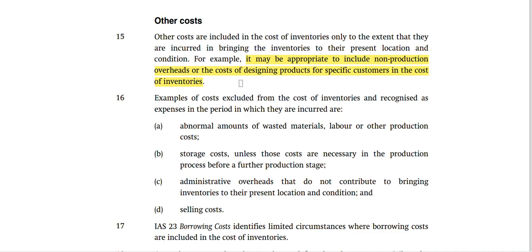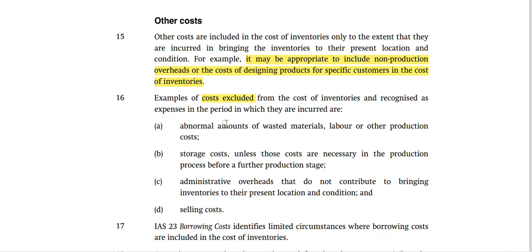And then when we look at paragraph 16, we have the examples of costs that are excluded from the cost of inventory and recognized as an expense in the period in which they occurred. So now there are costs that should not form part of the cost of the inventory. These costs are excluded from the cost of inventory and recognized as an expense in the period in which they occurred.